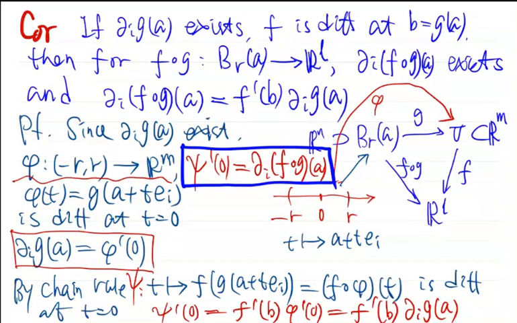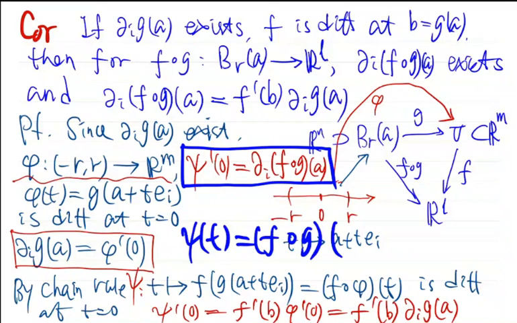Because our psi(t) is f composed with g at the point a plus t e_i. So the derivative of the single variable function psi is the partial derivative of the composition of f and g at the point a with respect to x_i. So this proves our result. So the corollary is proved.